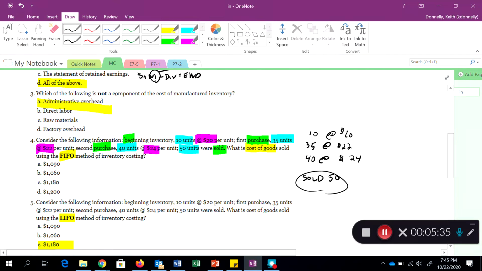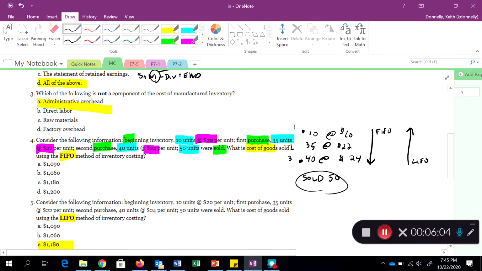Now we know with FIFO, right, it's first in, first out. So what that means is we start from our oldest inventory and work our way down. We know LIFO is the reverse. We start with our last in, so you can think first place, second place, third place.